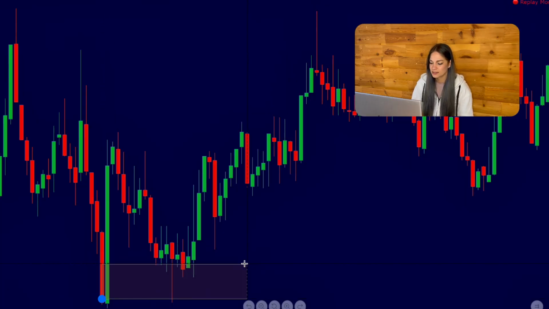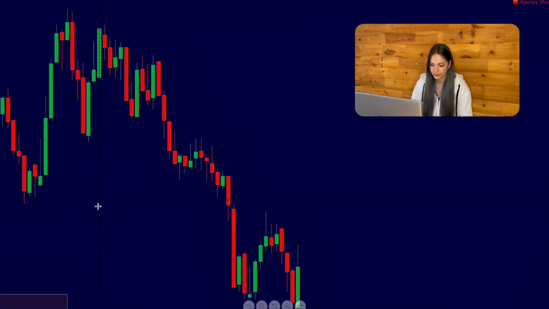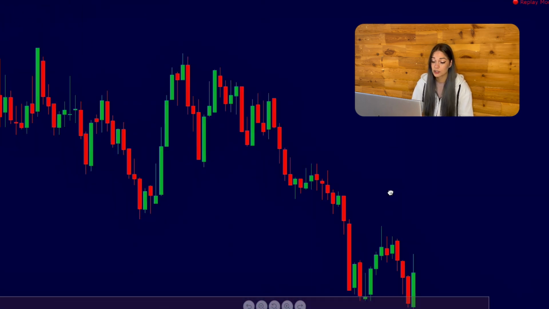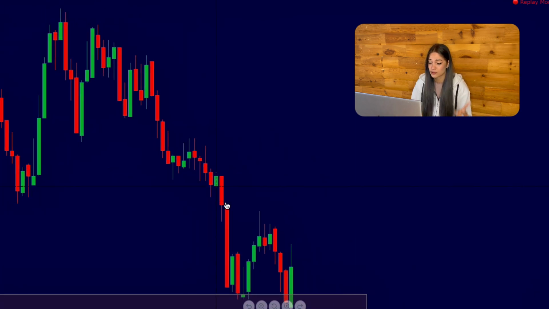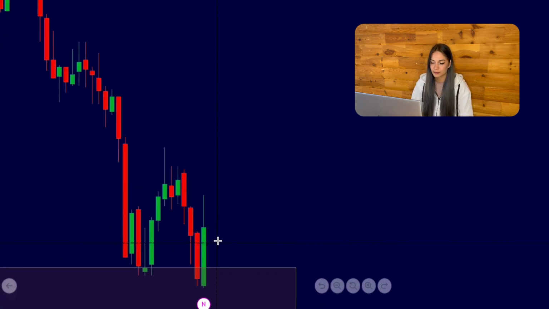With support zones, it works the same way. So in this case, we see the support zone right here, let's put it until the end, and we see that the price is reaching that level where in the previous history there were jumps from that level, and at the end of our chart we see our formation.